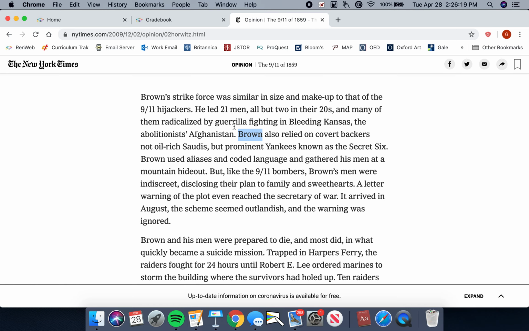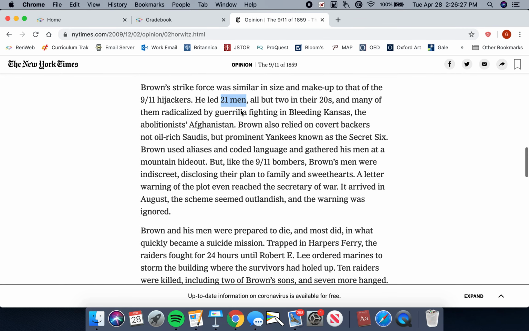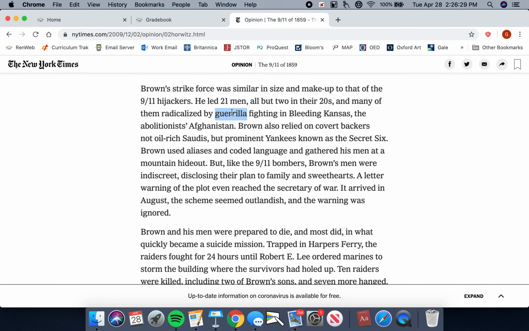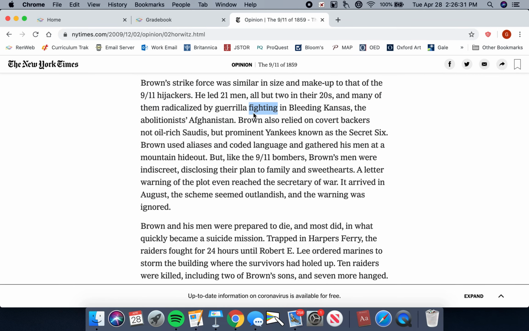They're jumping off points. In the same way that Horowitz emphasizes the smallness of the fighting cells, the guerrilla nature of the fighting, the fact that these are not backed by governing authorities that represent the will of the people, but rather take it upon themselves to say, my view of that which is just should be brought about by whatever means necessary, and whoever has to die, because my understanding of the good is the good.